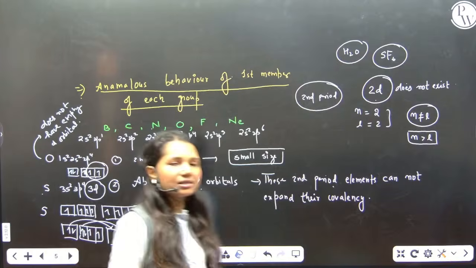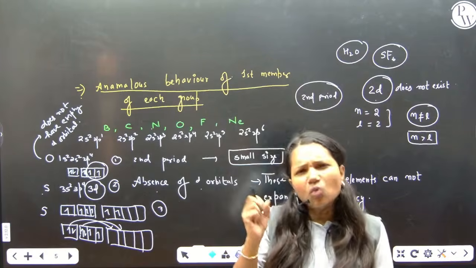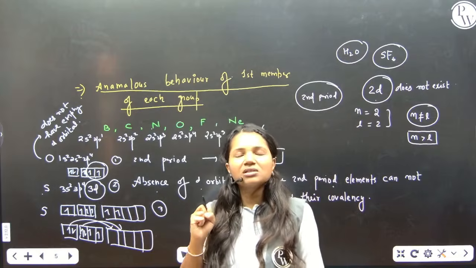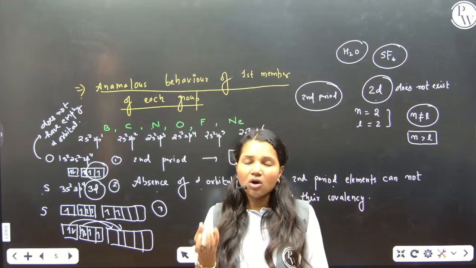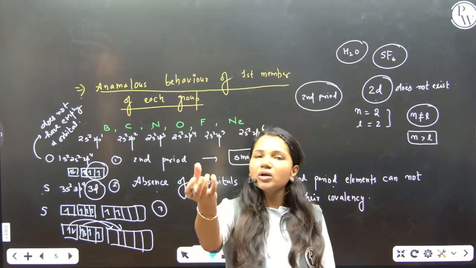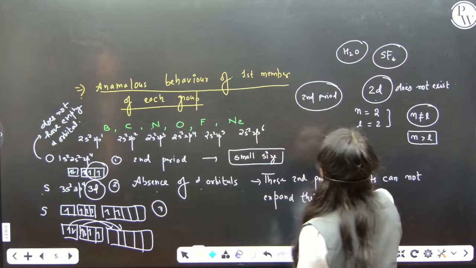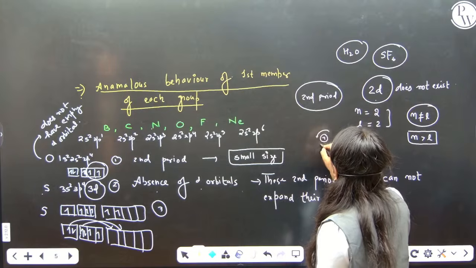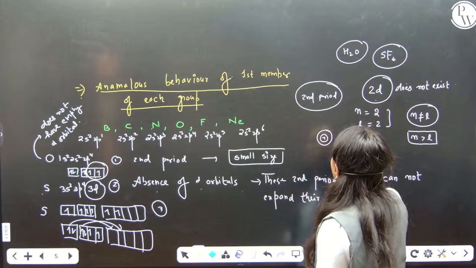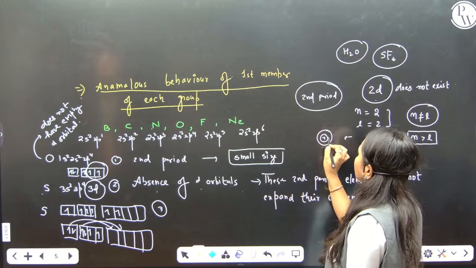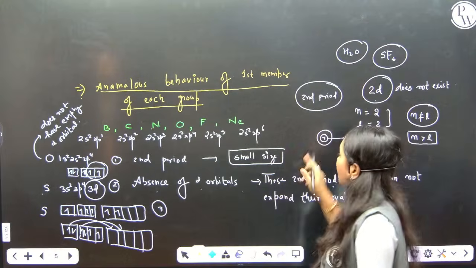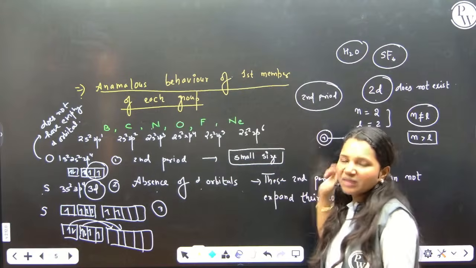The third reason is that because they are small in size, their tendency to attract the electron becomes more. Let me explain this. For example, if an element is small in size, the nucleus will be closer to the electron.